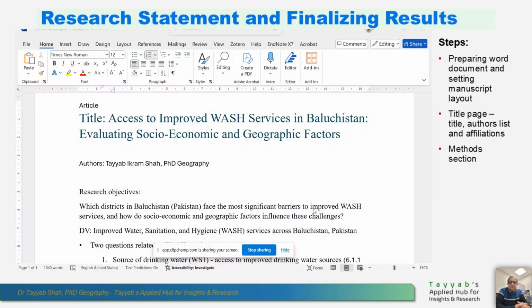There are different ways to start the manuscript writing once you've done the analysis component. My approach is usually to start from the research statement, or objectives, or research questions. In this case, we are working on improved WASH services, which is water, sanitation, and hygiene.